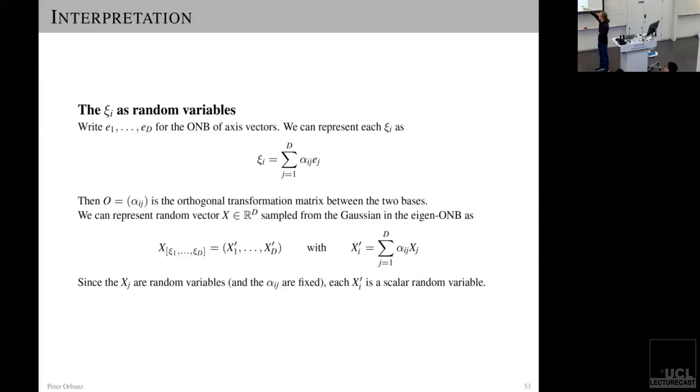Another way of saying that is I think of this vector as a list, and I just take the entries of that list, and those are the values alpha i1, alpha i2, and so on. Now I'm going to take these entries and write them into a matrix.